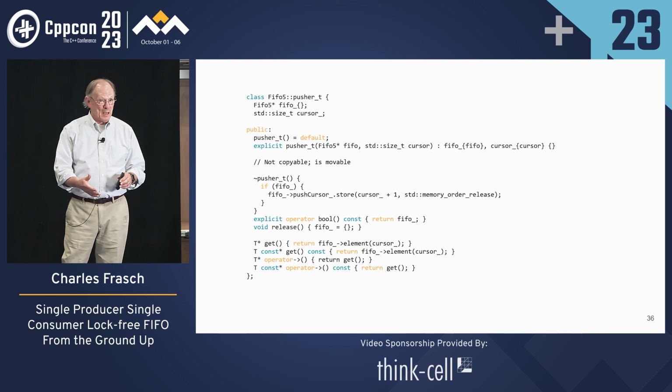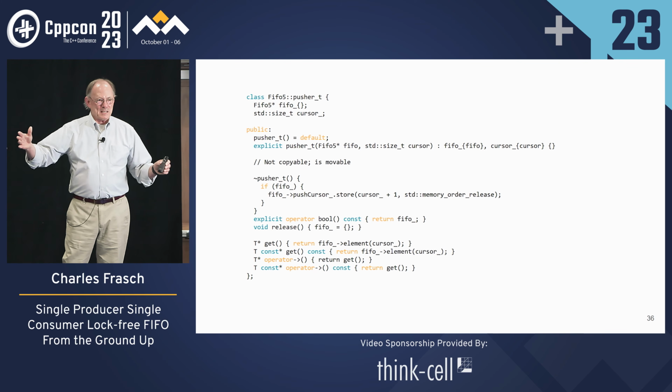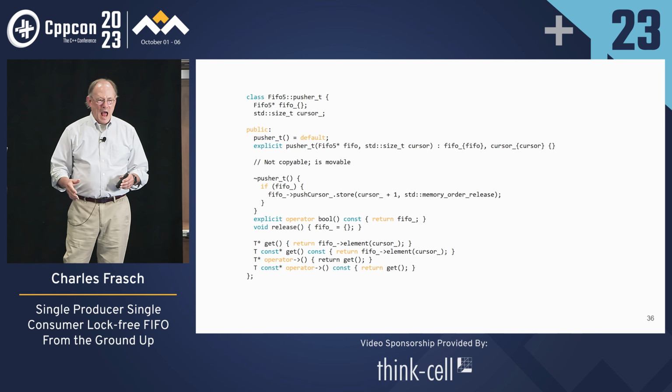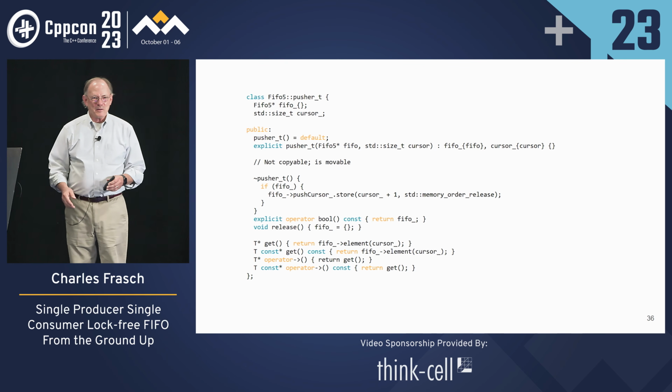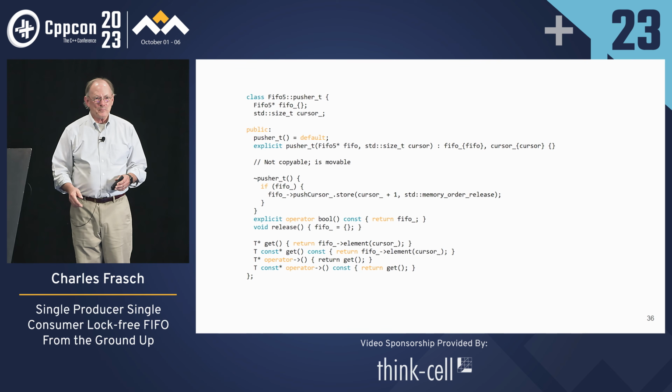But it does complicate those pushers and poppers, because if there's only space for 5, that's the maximum amount you can push before you have to go out of scope and increment the push cursor. It was way too complicated for this kind of a talk.